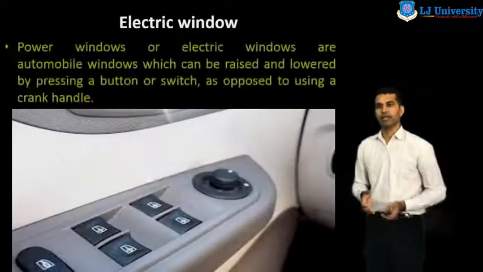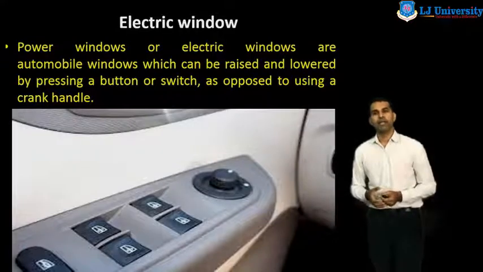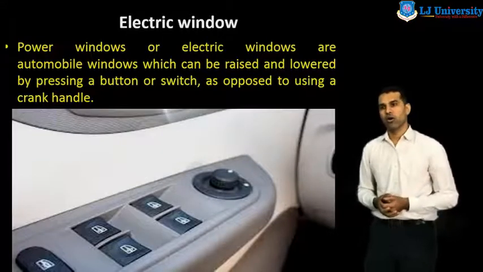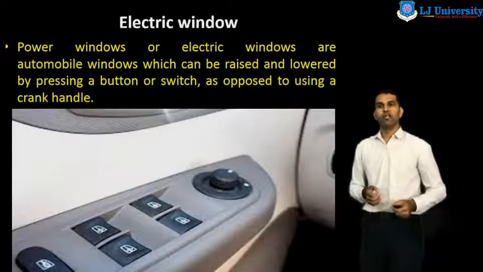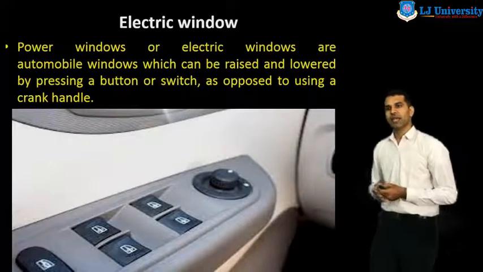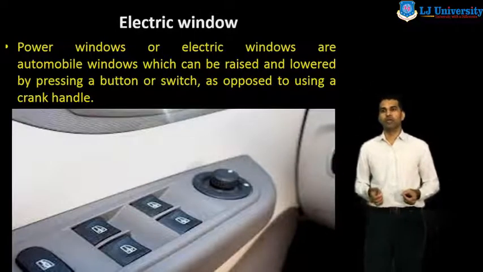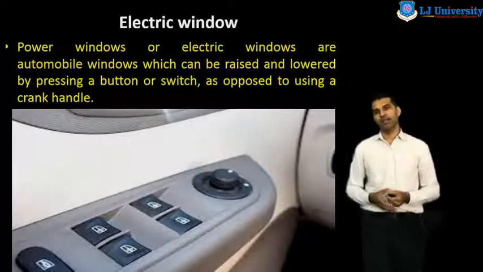Now the electric window. The power window, or electric window, is an automobile window which can be raised and lowered by pressing a button or switch as opposed to using a crank handle.